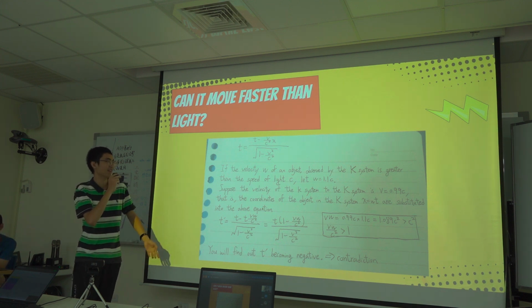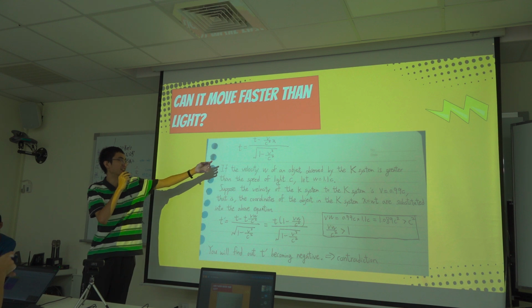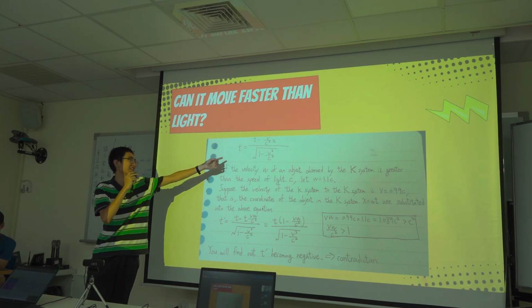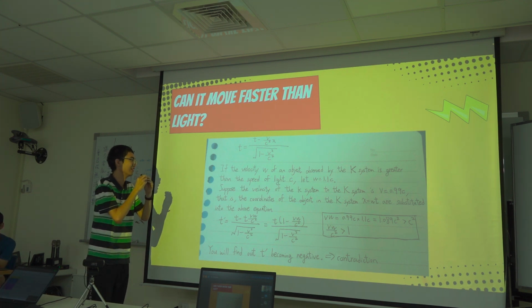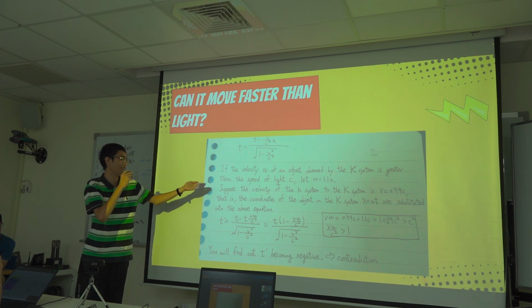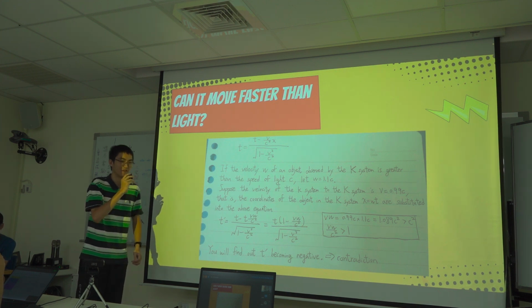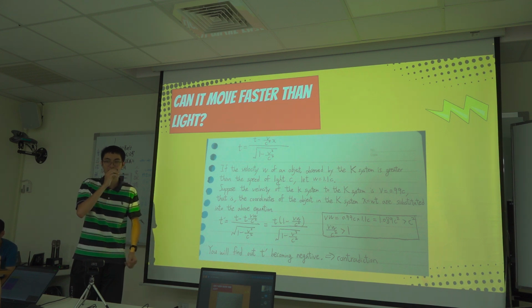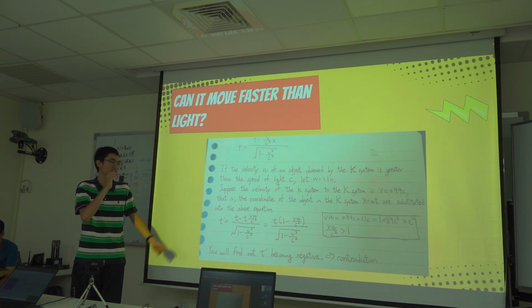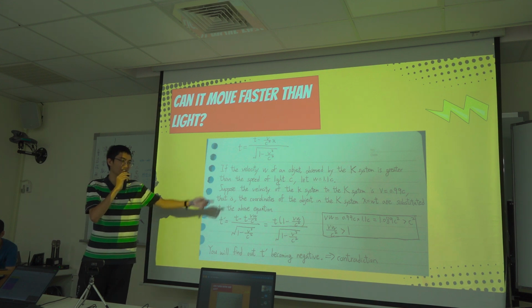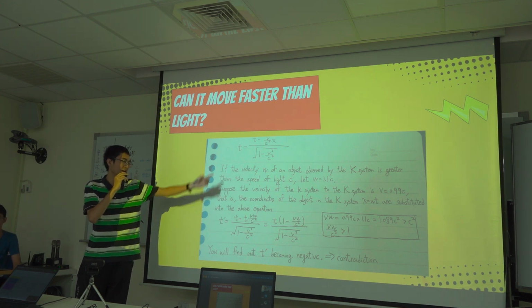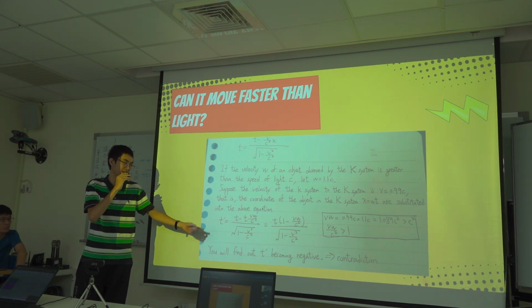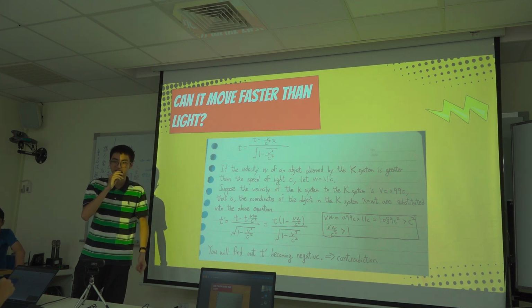We use the formula: if the velocity w is greater than the speed of light, we take w equal 1.1c for example, and we put this into the time formula and calculate that the time will be negative.